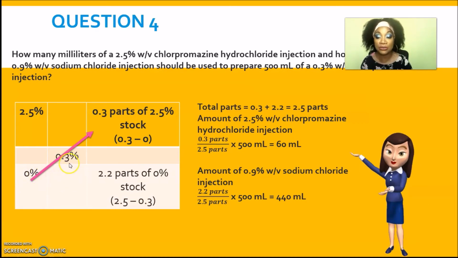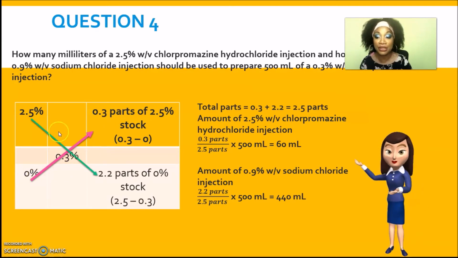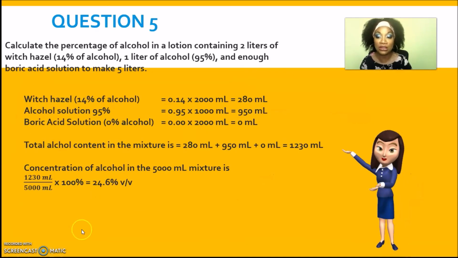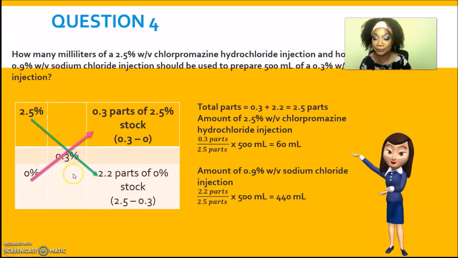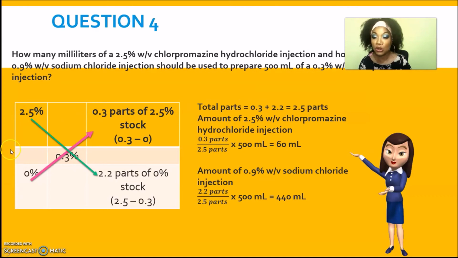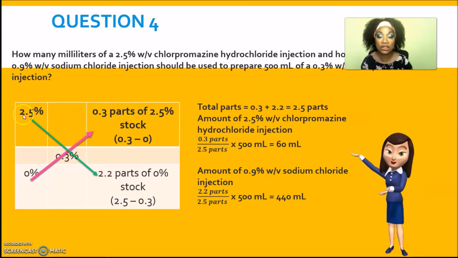So 0% from 0.3 is going to give us 0.3 parts, and we're going to take 0.3 from the 2.5% to give us 2.2 parts. What does this mean? Let's go back. This means that we are going to go horizontally to determine the amount of parts of each of the ingredients.